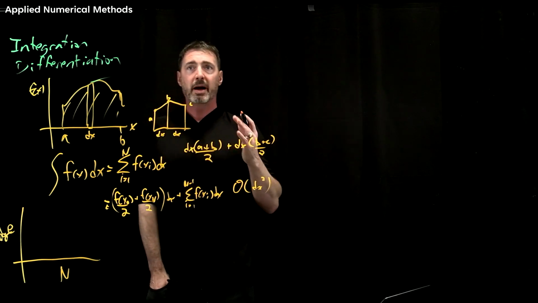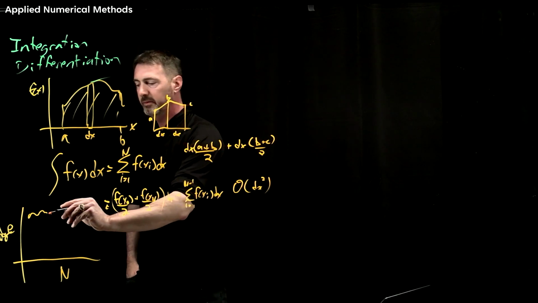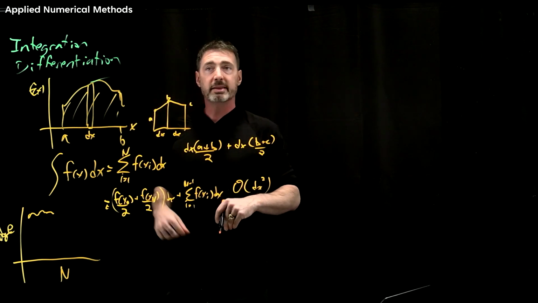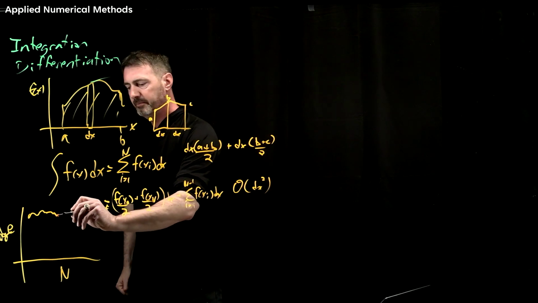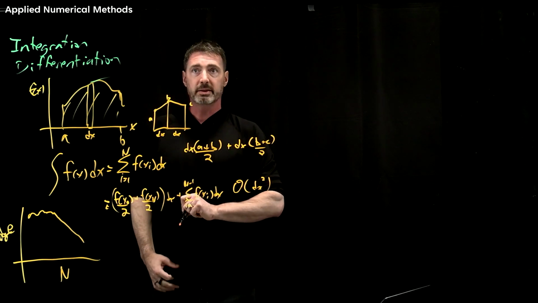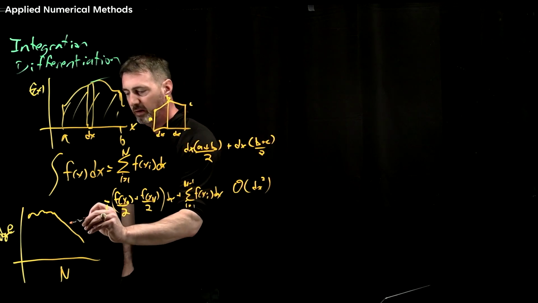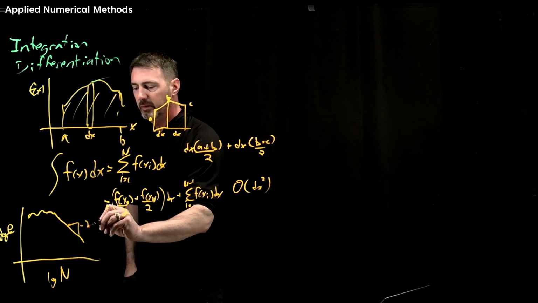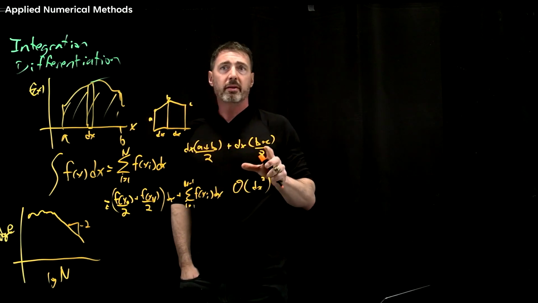What always ends up happening is you have some amount of error that's big, and then you finally resolve the physics, or you finally have enough resolution on these slices to resolve the interesting curves, and then the error goes down at some rate. When we know the trapezoidal is second order, on this log scale, this is log N as well, this would go down at a -2 rate.